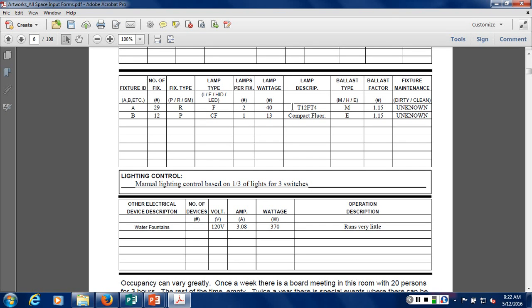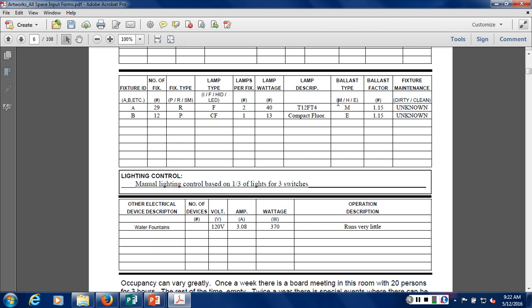Now, under fluorescent lamps, typically we have the type of lamp it is, followed by the length. So the T stands for tubular, the 12 stands for the diameter in 1/8 inch increments. So a T12 is 12 1/8 of an inch in diameter, or 1.5 inches. The 4 foot stands for a 4-foot length.